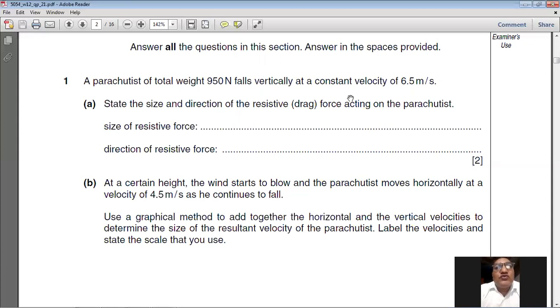To find their resultant, we will apply the parallelogram law. In the parallelogram law, if you want to find the resultant of two vectors to be added, what we do is put both vectors in such a way that their tails are joined together.